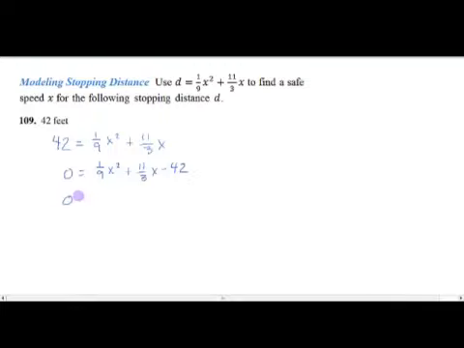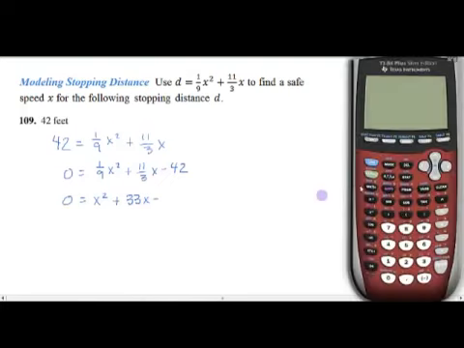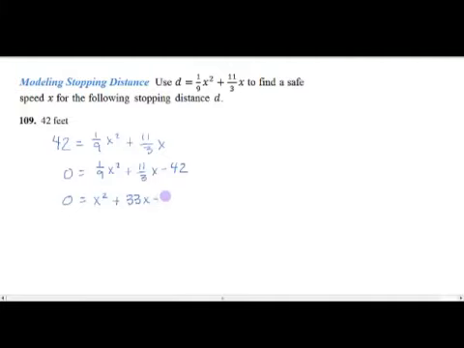So that would give me 0 equals x squared plus 9 times 11/3, 3 would go into 9 3 times, so we get 33x minus 42 times 9, which is 378.